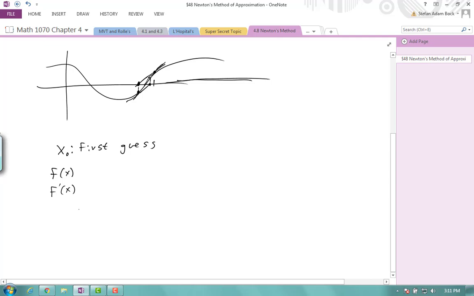So when I need my tangent line, if I remember from previous sections, my tangent line will be y minus f of x sub 0 equal to the slope f prime of x sub 0 times x minus x sub 0. So there's my tangent line, and I want to find the root of this tangent line, but that's when y is equal to 0.